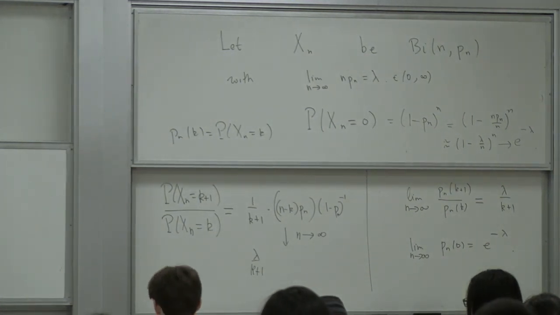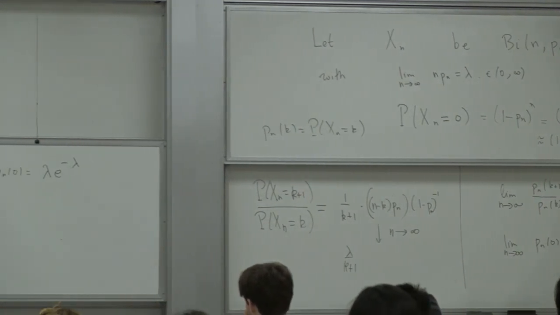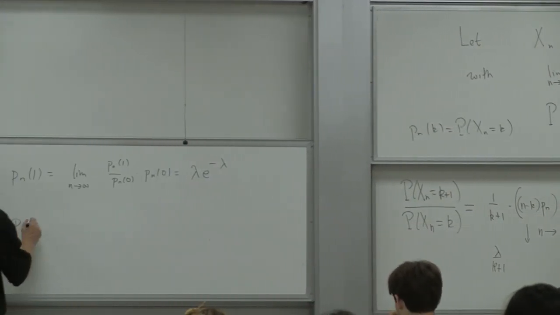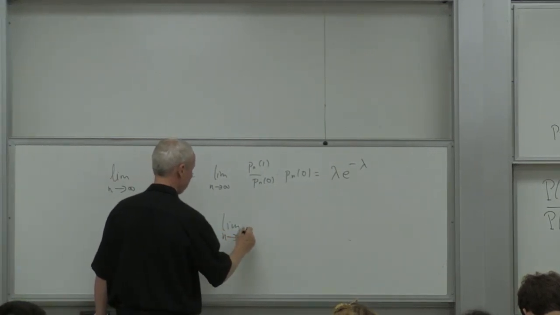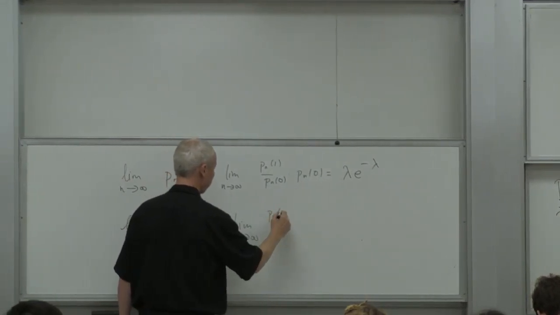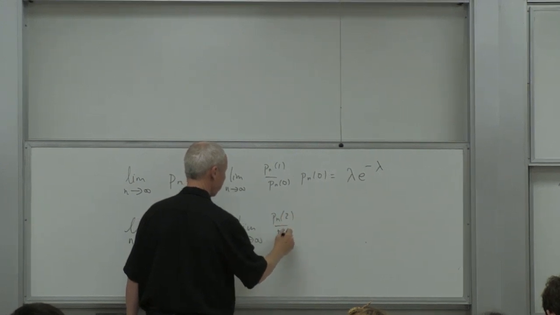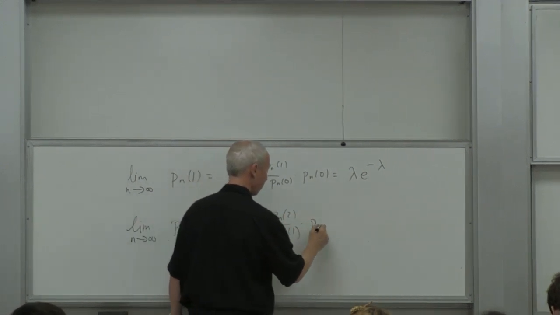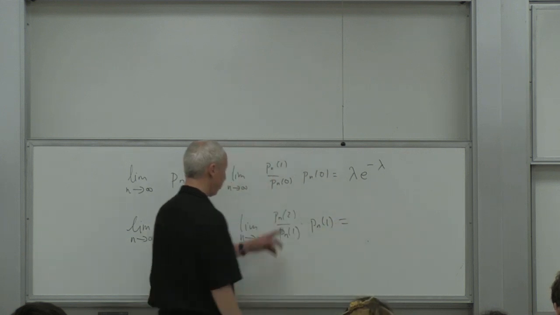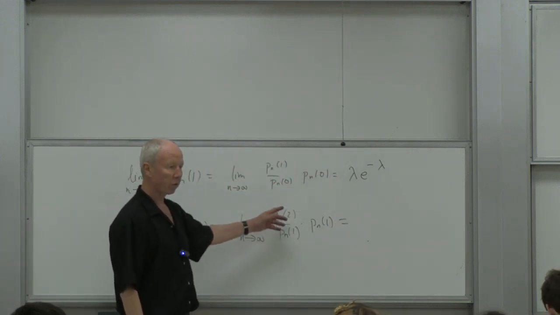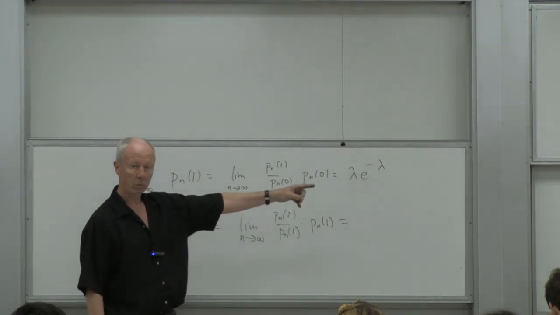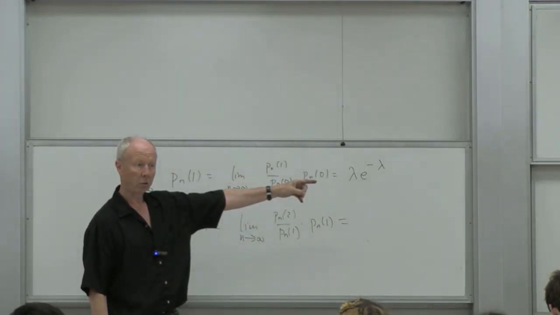What about the limit as n goes to infinity, pn of 2? Well, I want to use the fact that I know how these ratios behave. What does this ratio do? That's when k is 1. What do we get? Lambda over 2.